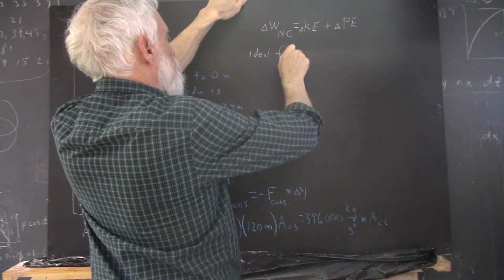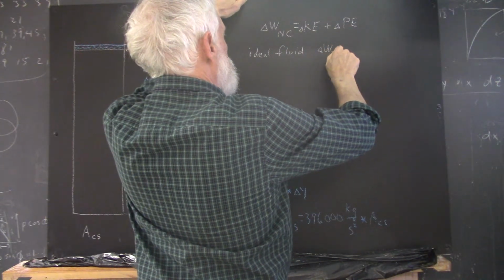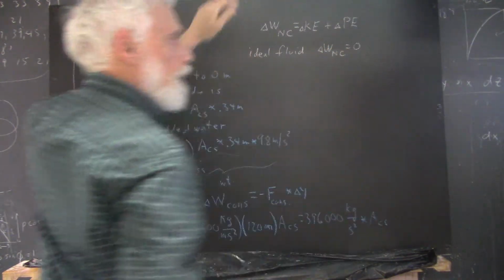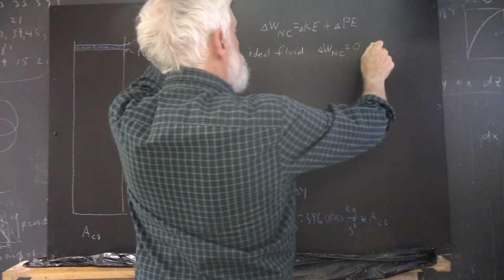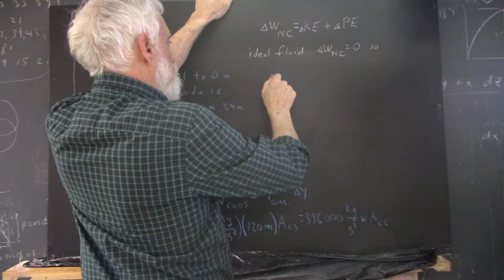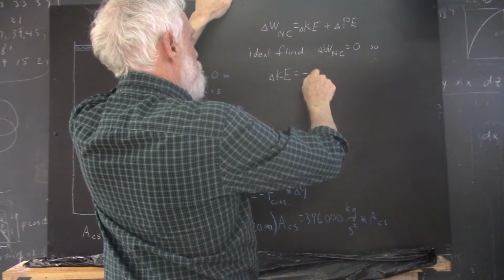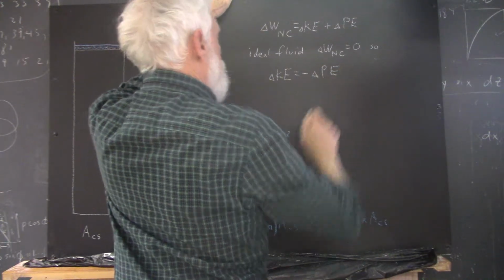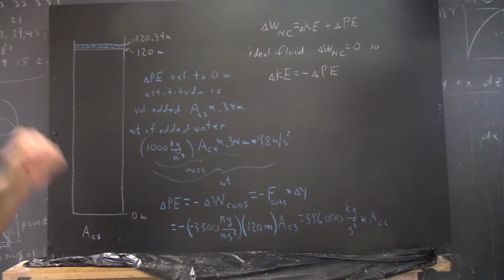For an ideal fluid, the work done by the non-conservative force is 0, so the change in kinetic energy is equal and opposite to the change in potential energy.